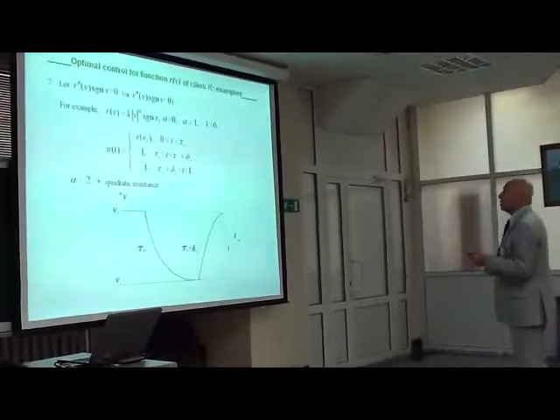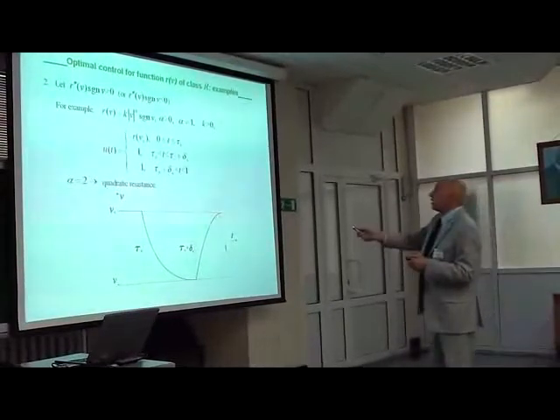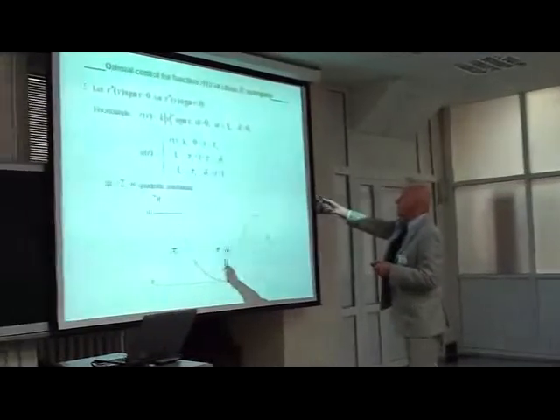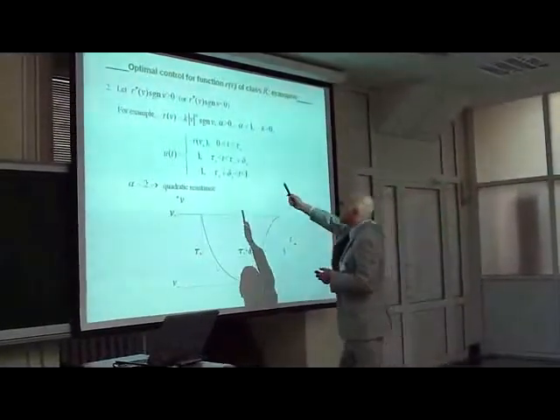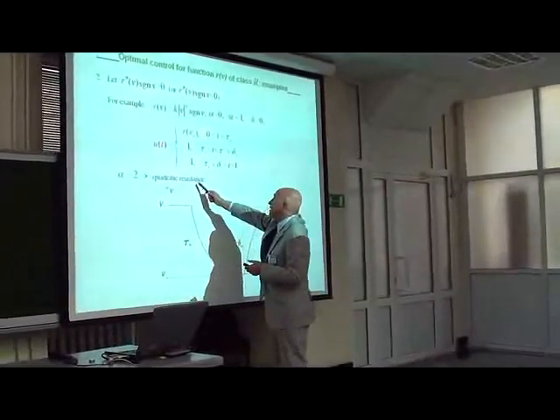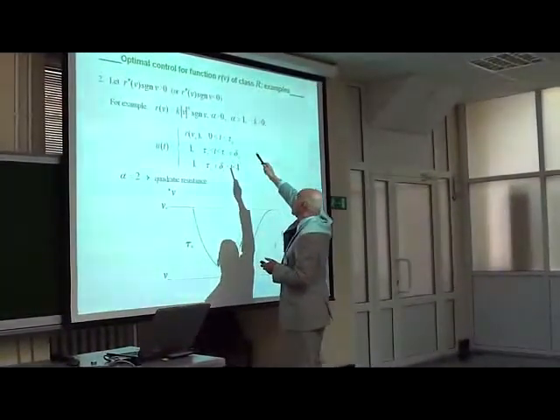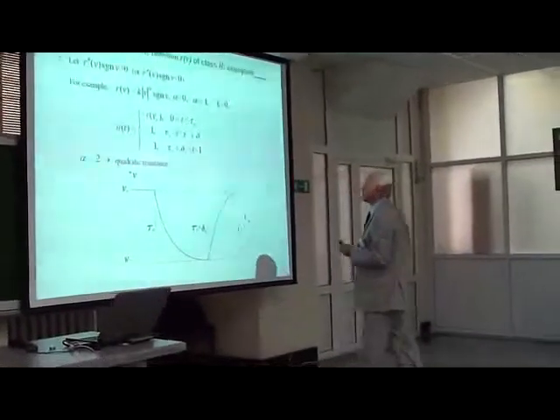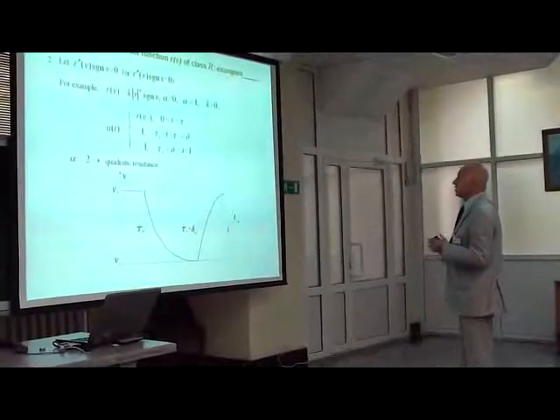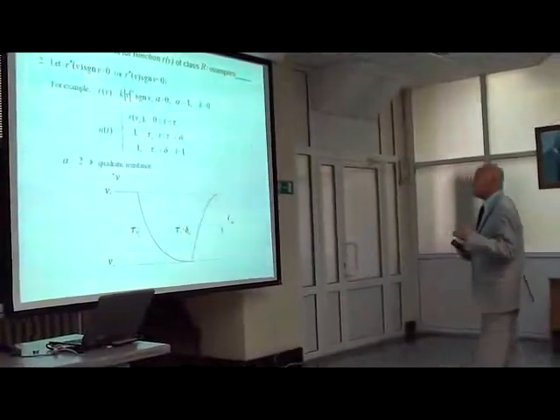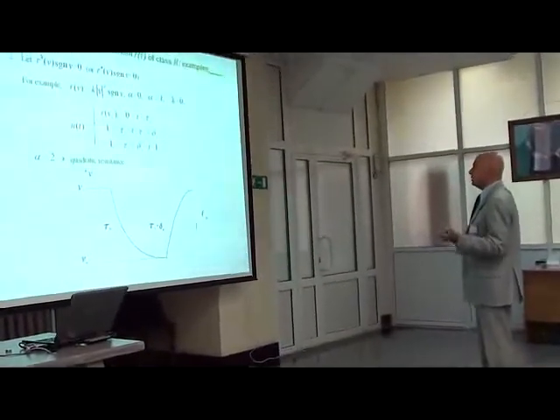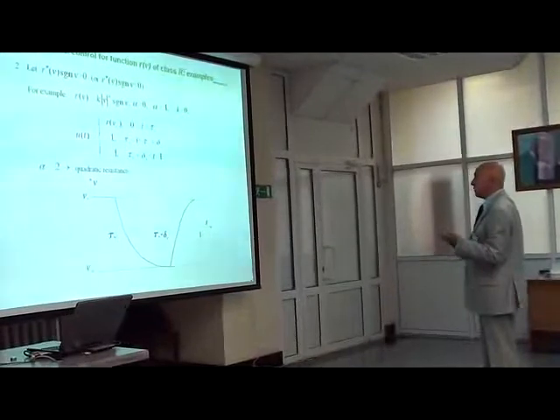And for a more interesting case, where the function R of V, for example, to this class belong all functions that are powers of V, quadratic and more general, where alpha is larger than 0 and not equal to 1. Then, for this case, the function R of V is odd, and here the solution is presented.